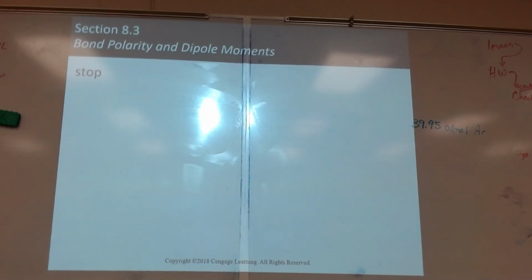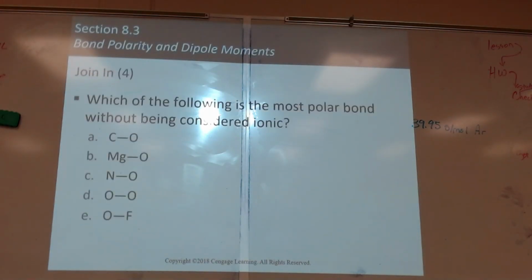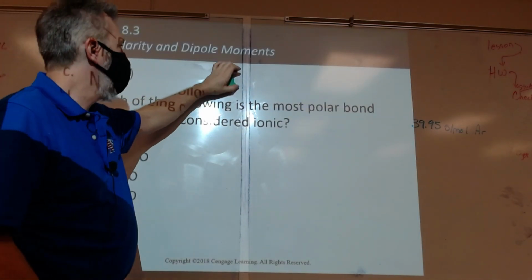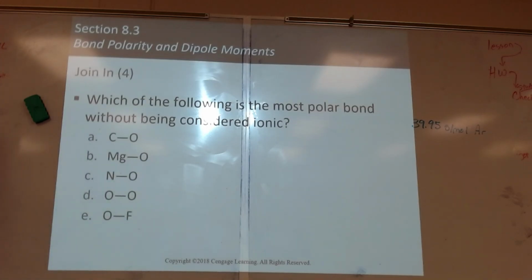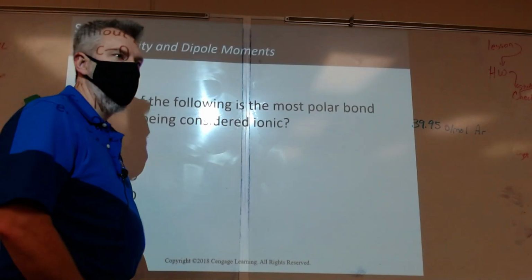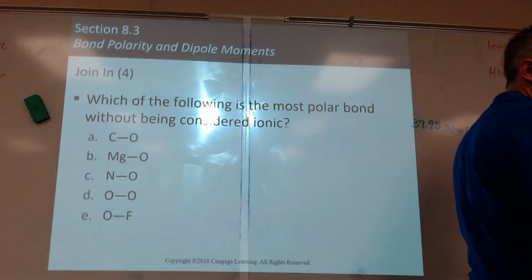All right, quiz time. Y'all ready? You can handle that. Which of the following is the most polar without being considered ionic? You can look at a periodic table if you want to. I don't think you really need to, because you know which one's ionic.